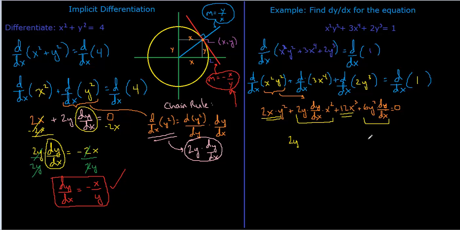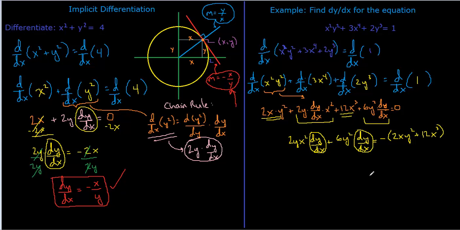So we have 2y x squared dy/dx plus 6y squared dy/dx equals, now I'm going to group the 12x cubed and the 2xy squared, and I'm subtracting both of those as a group over, so I have negative 2xy squared plus 12x cubed, and now I want to factor out the dy/dx.